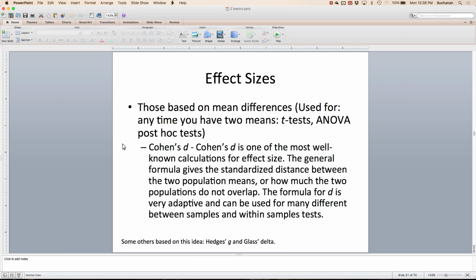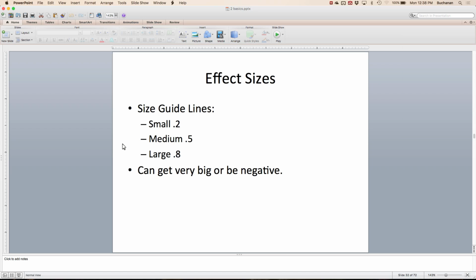So, okay, some other types of effect sizes that are Cohen's d alternatives, Hedges' g and Glass's delta. But we're just going to use d. So the guidelines for sizes, small, medium, and large, is 0.2, 0.5, 0.8.